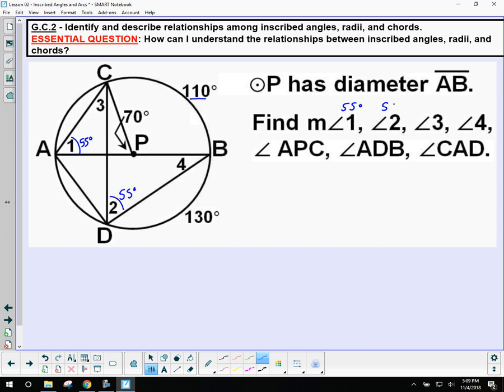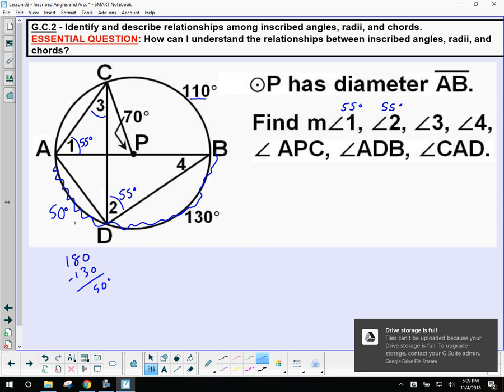Number 3. Here's 3. Again, inscribed angle. I want this arc. I don't have a number here. I do have 130. I do know AB is the diameter, so this whole thing is 180. So real quickly, 180 minus 130, I get 50. This is 50 degrees.